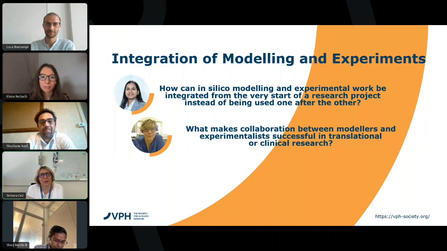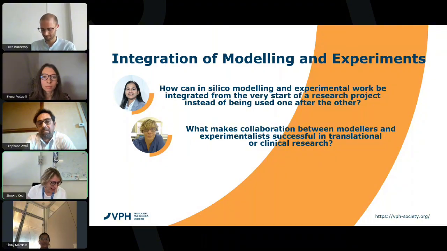We are used to viewing the modeler and the experimentalist as separate entities, and sometimes adversaries in a sort of way. But I think that it's essential to cultivate a shared foundation.